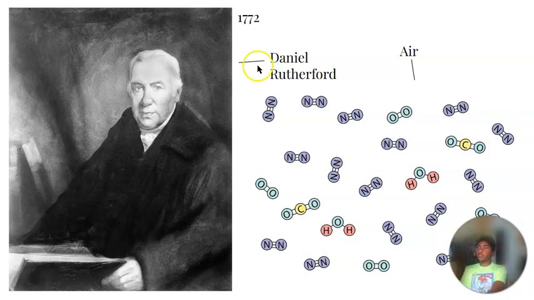As you can see in this picture of air that I put in the presentation, the N's are nitrogen, the O's are oxygen, the OCO's are carbon dioxide, like CO2, one carbon, two oxygen, and these HOHs are water molecules.